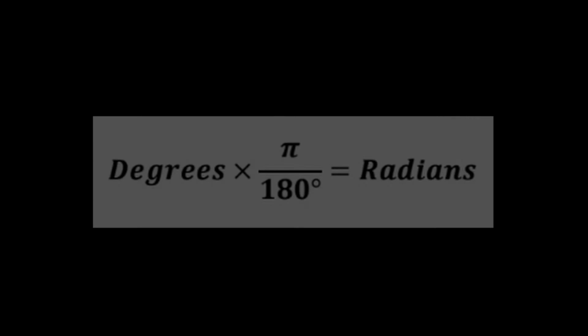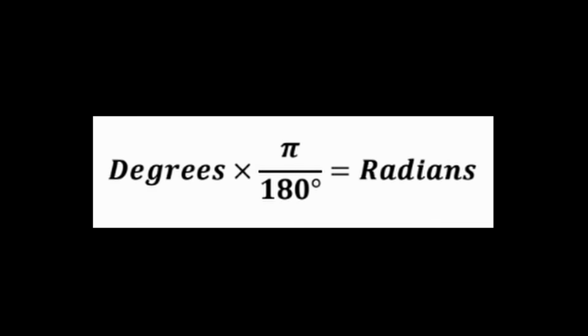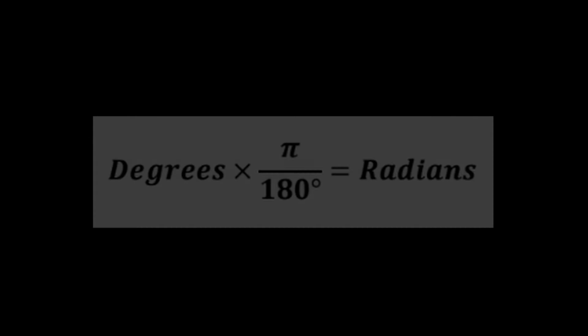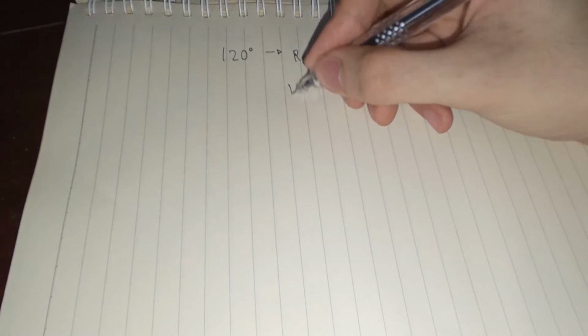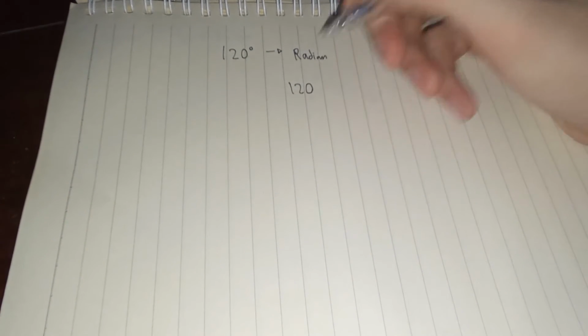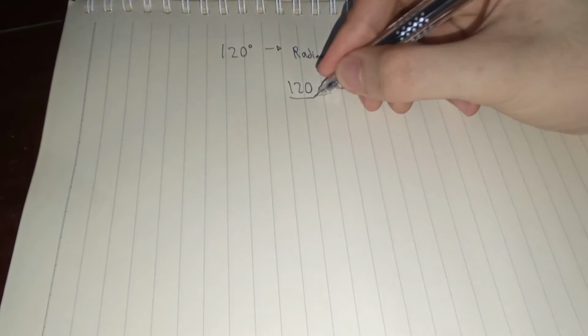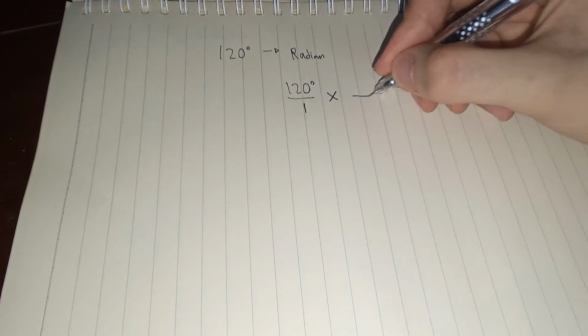To convert degrees to radians, we will use this formula. Degrees times pi over 180 degrees equals radians. Let's convert the degree of 120 into radians. Using the formula, we will multiply 120 degrees with pi over 180 degrees.